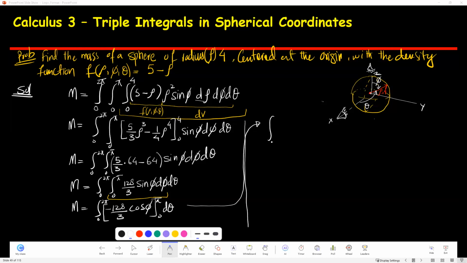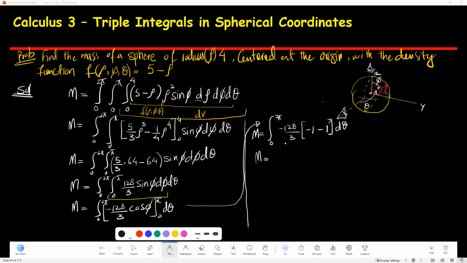So I'm going to be writing 0 to 2 pi, and inside minus 128 over 3, cos pi minus cos 0. So cos pi means cos 180, which is minus 1. We know cos 90 is 0, cos 0 is 1, cos 180 is minus 1. And then cos 0 is 1, so minus 1 minus 1, and d theta. And again, this is my mass.